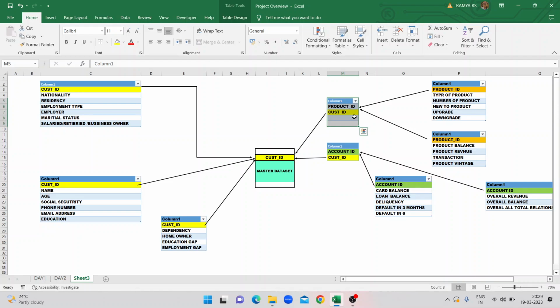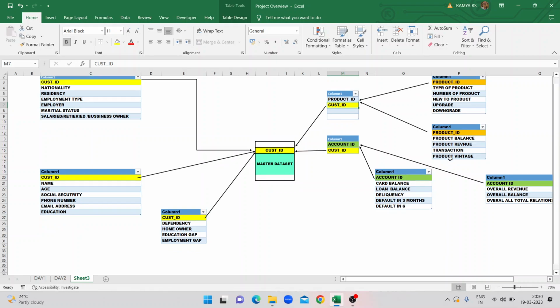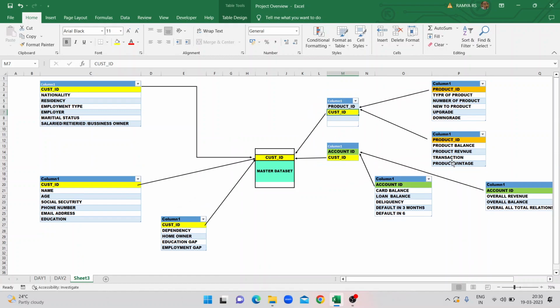So what is happening is that I am getting all the product level information using the product ID that is mapped with the customer ID in this table. And then using this information, I'm connecting it to my master data set. Same goes for the account ID as well. Let's say I have a savings account, and let's say I have a trading account as well.